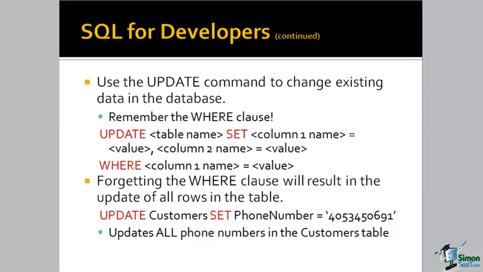The most important thing about an update command is to ensure that you include a where clause. Otherwise, the update command will change all of the rows in the table. The where clause will specify which row or collection of rows will have their data updated. Again, if you forget the where clause in the update statement, every row in the table will be updated.